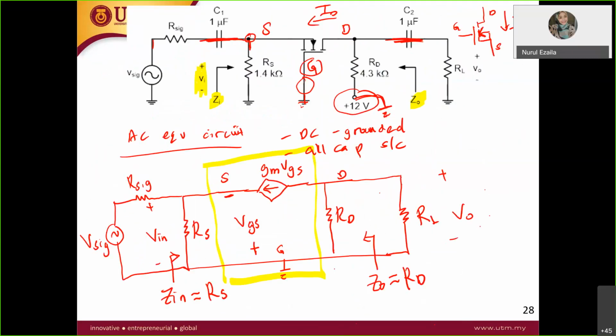All right. So for this one, actually, I need to go back over here. So Z in is not approximately equal to the RS. So for Z in you need to find it the same as common base. Common base you have the portion for 1 over r pi, if I'm not mistaken.